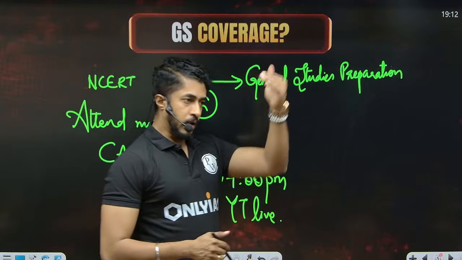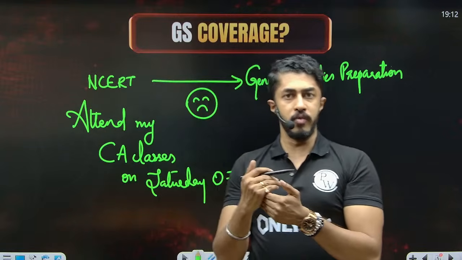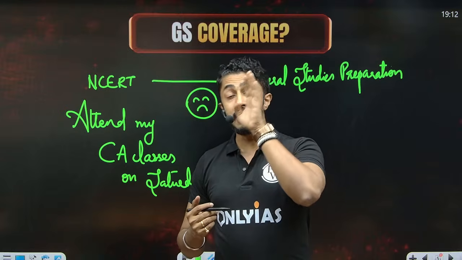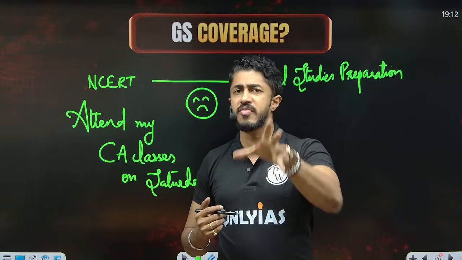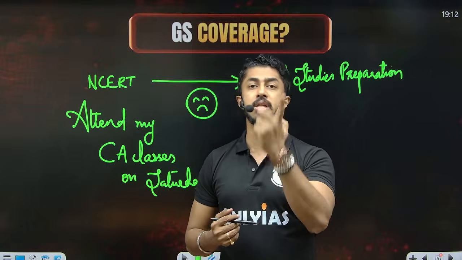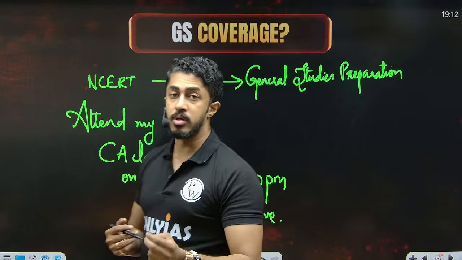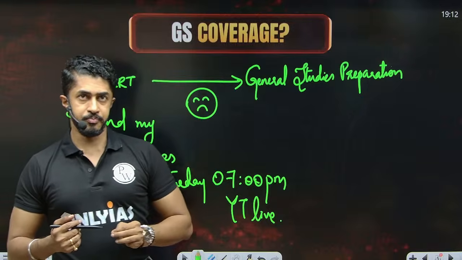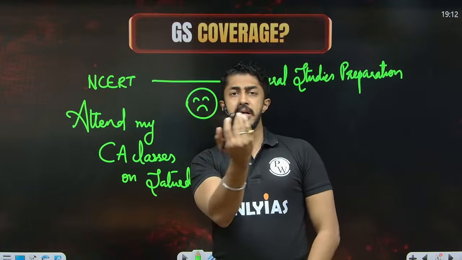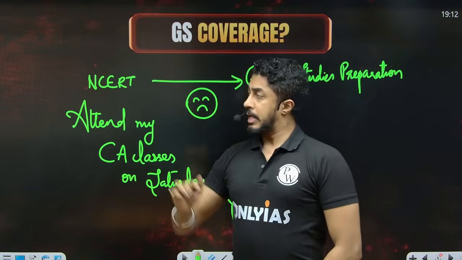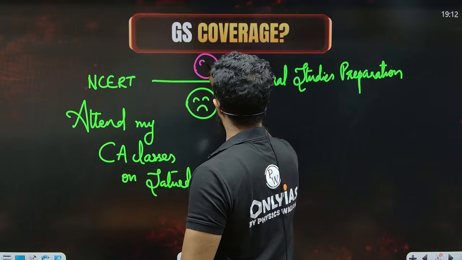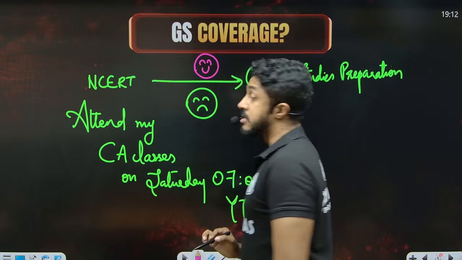So much so that by the time 1 year of NCERT preparation gets over, you would have also covered 1 year's, or close to 7 to 8 months, of current affairs, which will easily give you an understanding of what the whole syllabus is about, what this exam is about, what is the demand of this exam. Got the point here? You will get that complete picture. Then it will be possible for you to move towards GS easily.